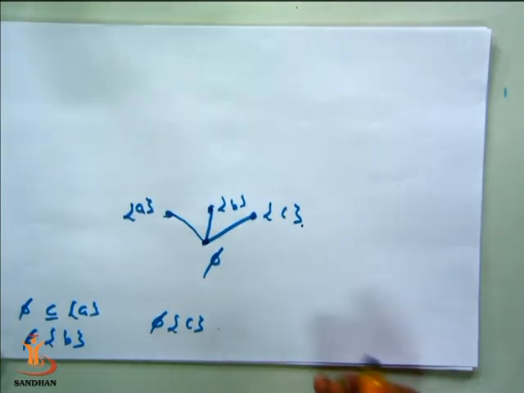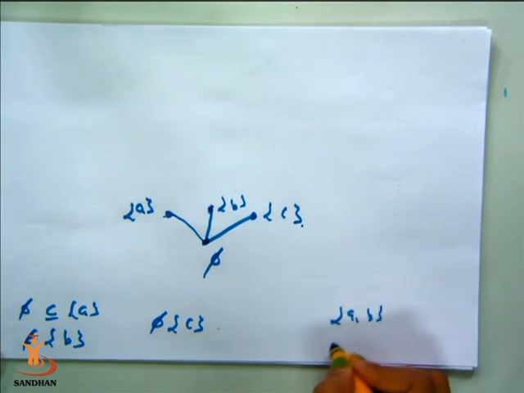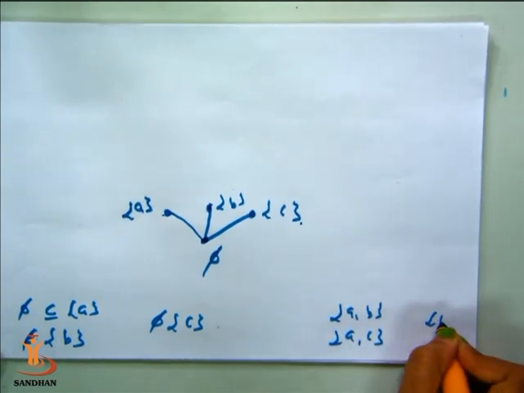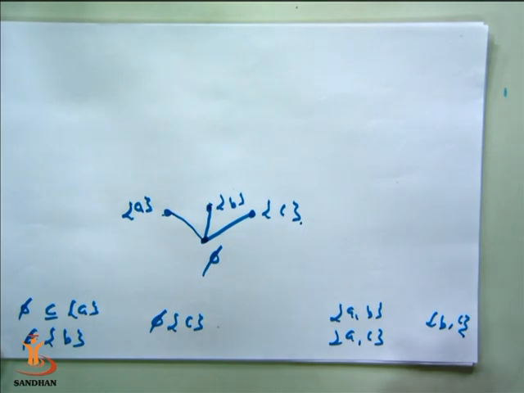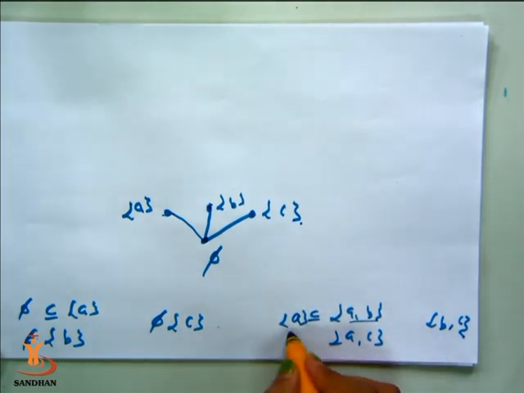Now second elements we have AB, AC and BC here. We can say that A is contained in AB, A is contained in AC also.